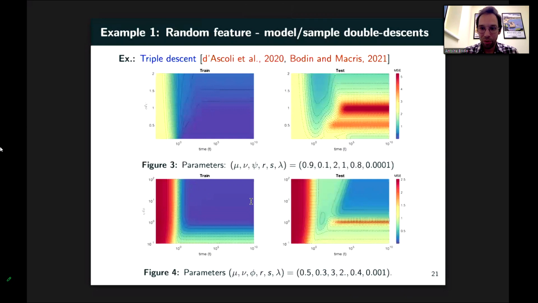A few examples again. If you use this method to the limit, I think you could actually get some nice heat maps of the evolution of this gradient flow formula. And one thing that you can actually show is, for instance, the triple descent.